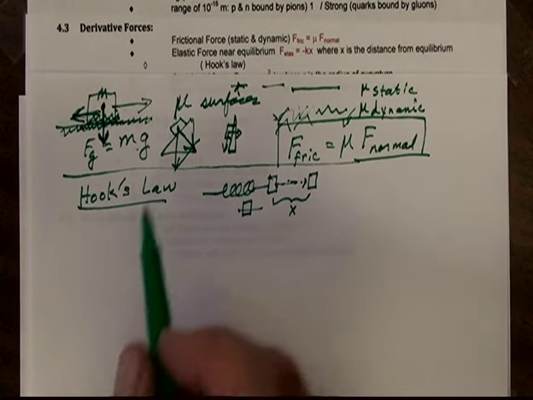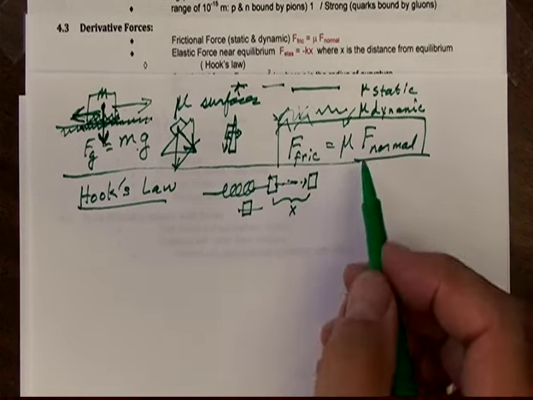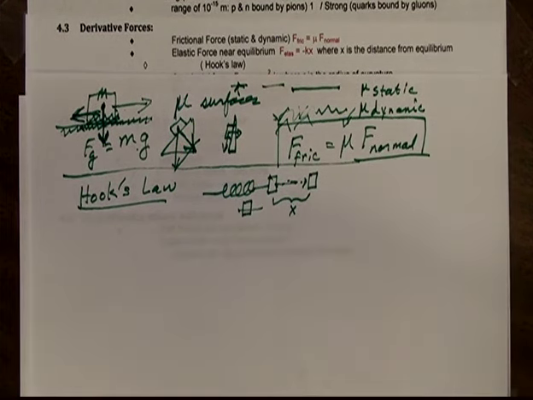It turns out that the elastic force is proportional to how much we distort it. And this is a very important equation because it holds true of all elastic media. If you just walk up to a wall and push on it, it will push back in exact proportion to how far you have moved that wall.